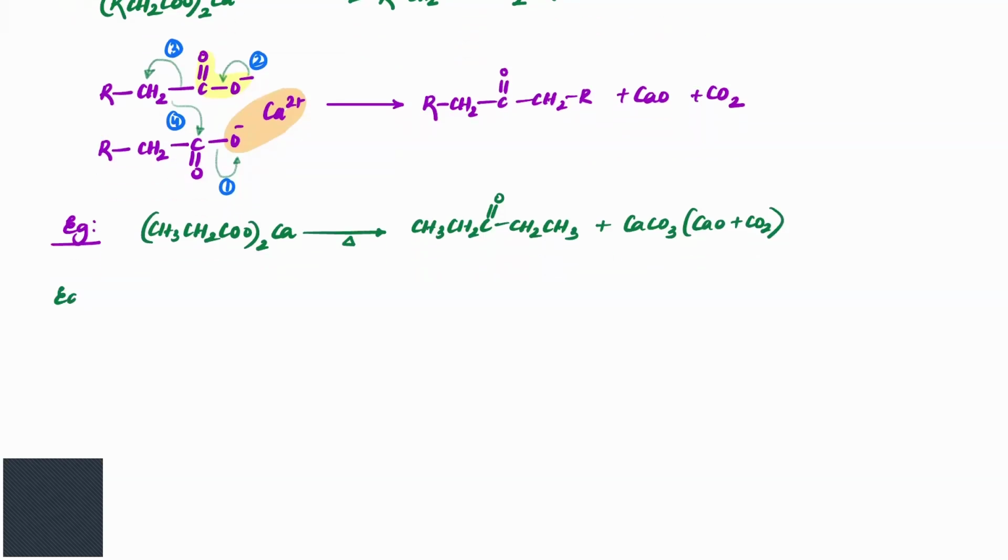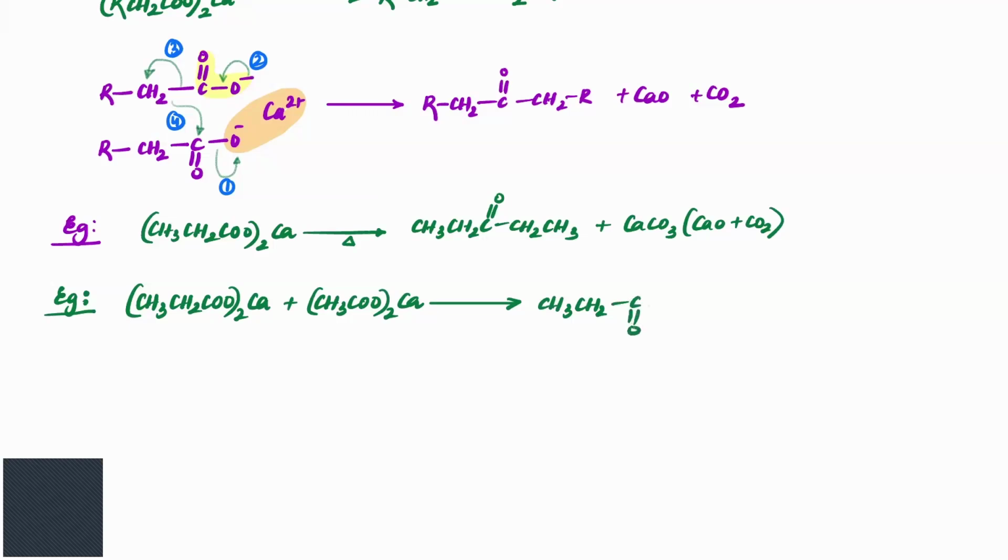What if you have a mix of two different calcium salts, that is (CH3CH2COO)2Ca plus (CH3COO)2Ca? One is the calcium salt of propanoic acid, the other is the calcium salt of acetic acid. In that case, first we will see the self coupling here.